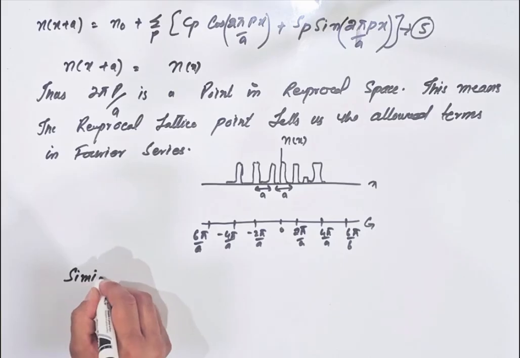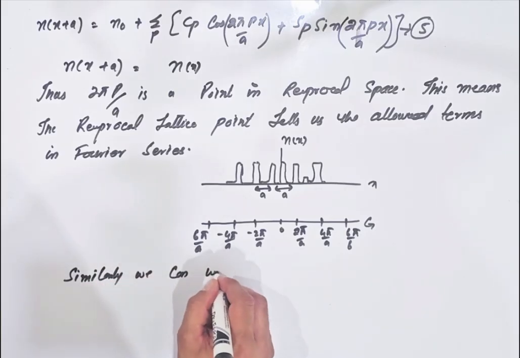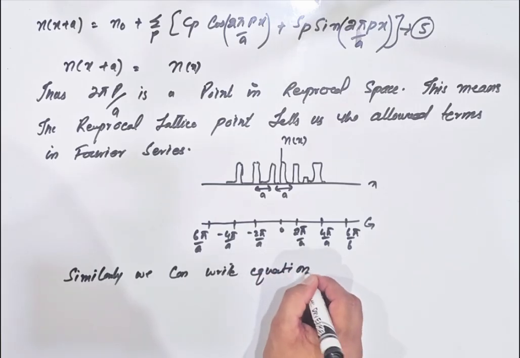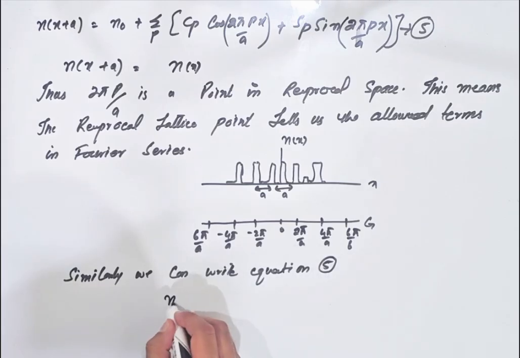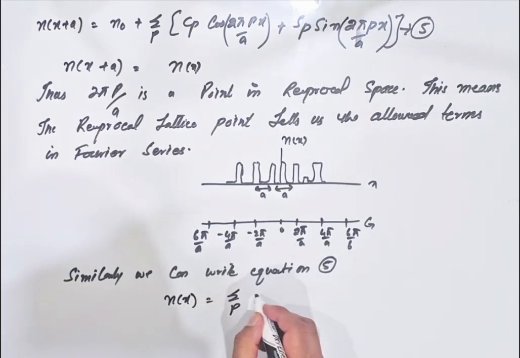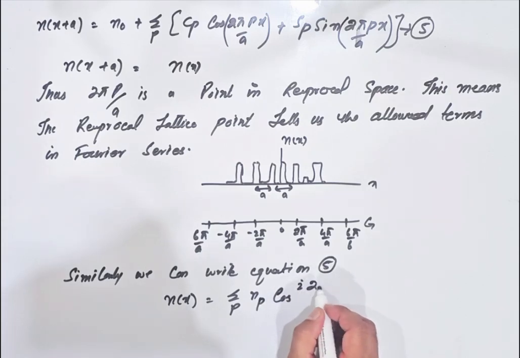Similarly, we can write equation 5 as n(x), which is the electron number density, equal to summation over p of n_p e to the power iota 2 pi p x by a.